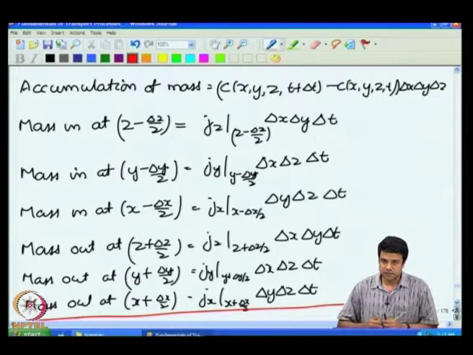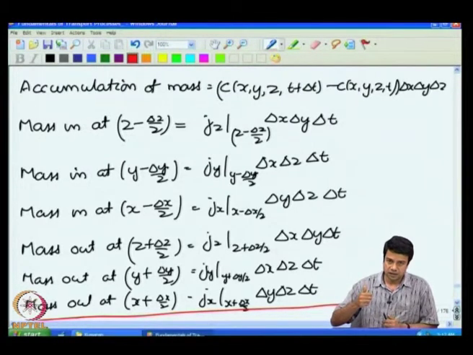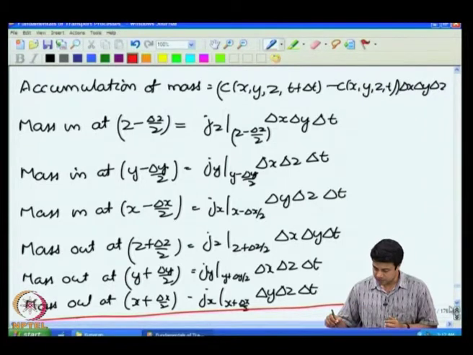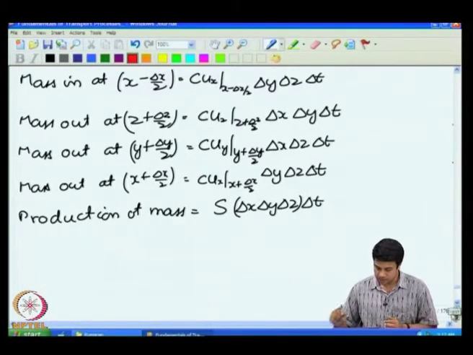At the surface at z plus delta z by 2, if there is a flux J z in the positive z direction, that results in mass leaving this differential volume. Therefore, that is the mass going out, resulting in a decrease in the mass within the volume. Therefore, the mass out at z plus delta z by 2 is equal to J z at z plus delta z by 2 times delta x, delta y, delta t. And similarly, at y plus delta y by 2 and x plus delta x by 2.